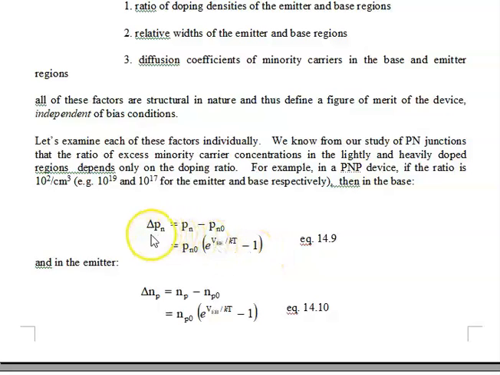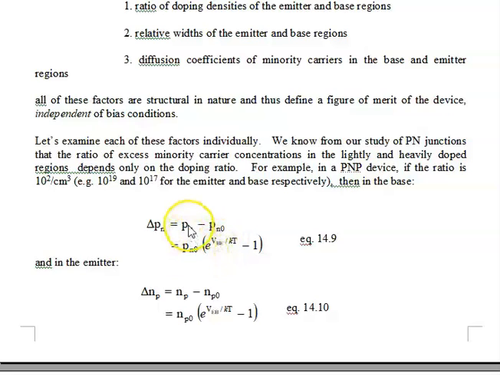So we know that the excess carrier concentration, in this case the excess holes in the N-type material, is equal to the number of holes in the N-type material. This, for example, would be holes that come from the emitter into the N-type base, minus the equilibrium. That's where that 0 comes from.